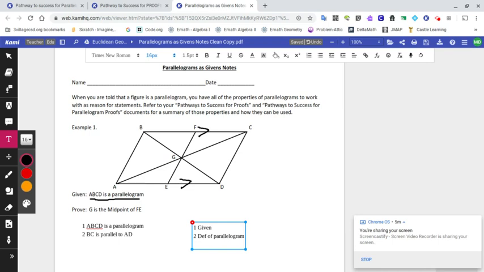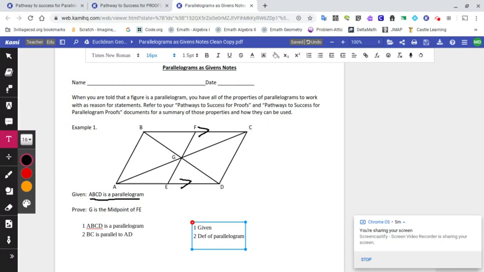Again, by definition, the two pairs of opposite sides are parallel. If I had said that those sides were congruent to each other, that's not the definition of parallelogram. That's a property of parallelograms. More about that later, but for now, we're just using definition of parallelogram.